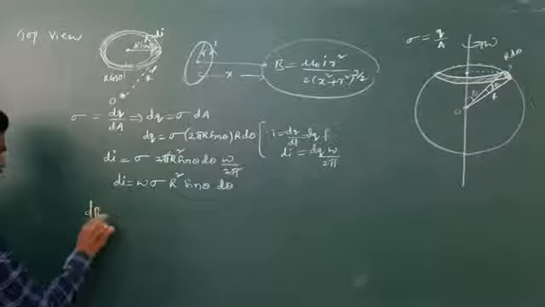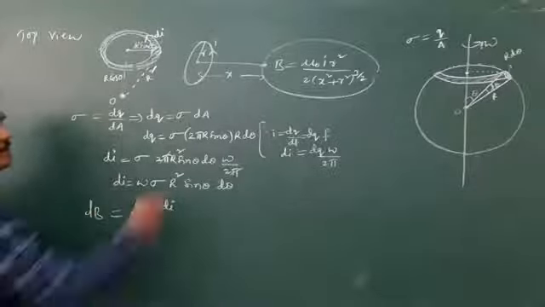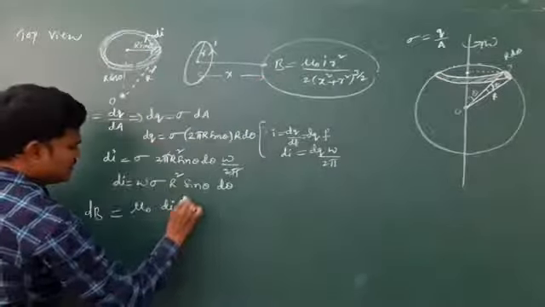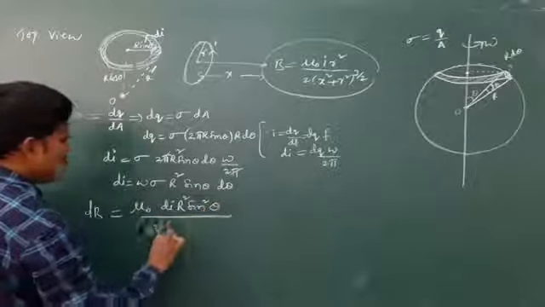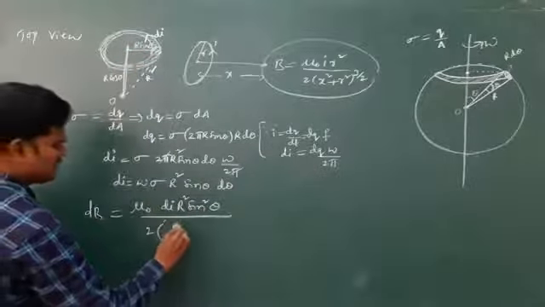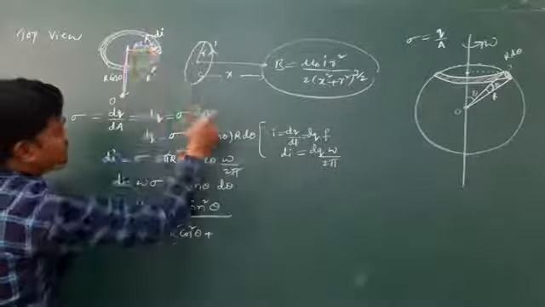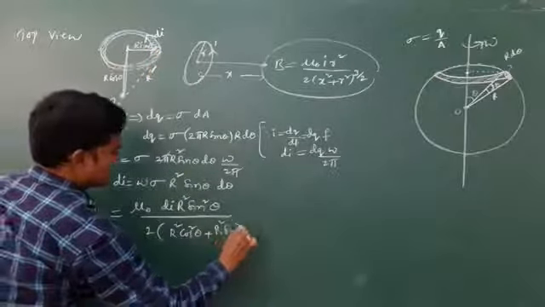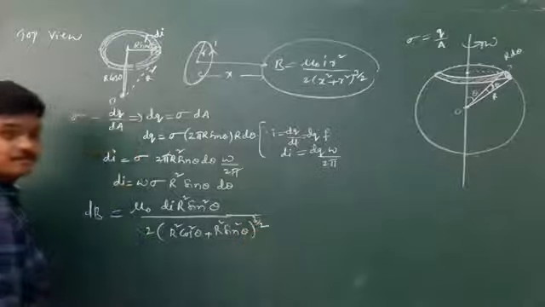Now let me write dB because of dI: mu naught dI r square, with r being r sin theta, so r square sin square theta, by 2 into (x square, nothing but r square cos square theta, plus y square), that is x square plus r square. So r square sin square theta over, directly we can write, r cube whole power 3 by 2.